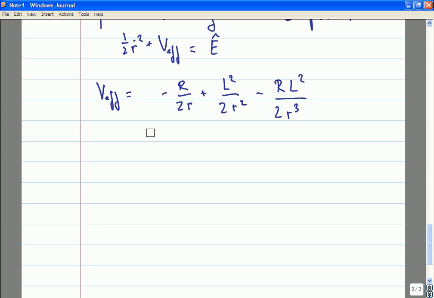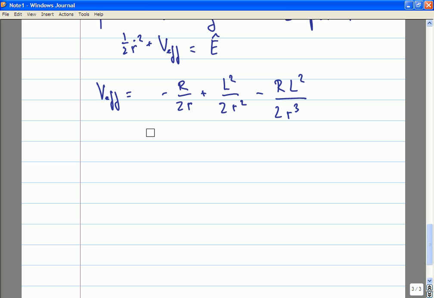And hopefully this idea that the orbits of the planets around the sun, for example, can be written in terms of the Kepler problem as a particle moving in the presence of a one-dimensional effective potential is not entirely unfamiliar.